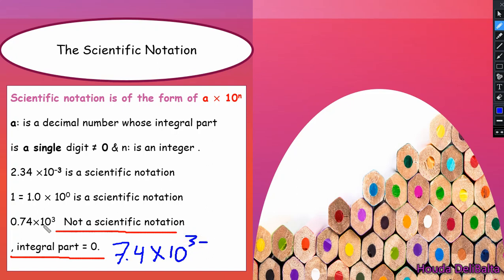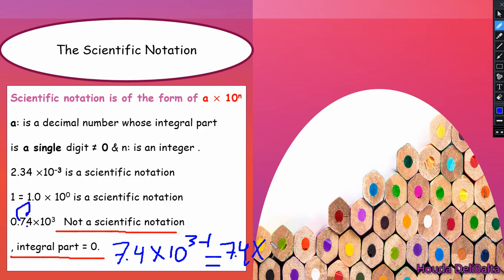Minus what? How many steps did I move the decimal point? Just one step. So I have to subtract 1. I subtract the number of steps I moved the decimal point. And thus the answer is 7.4 times 10 to the power 2.